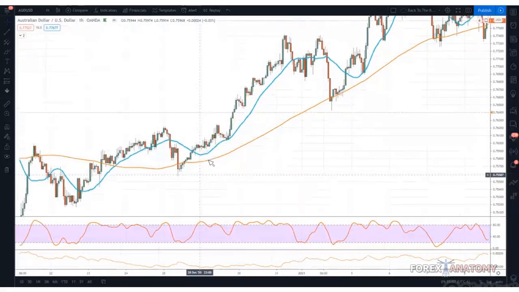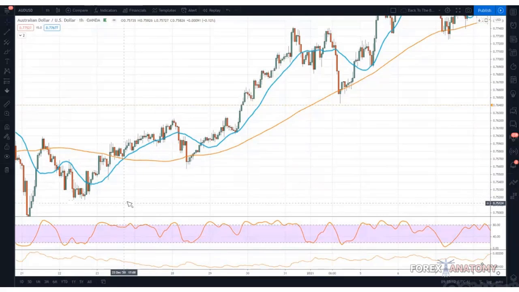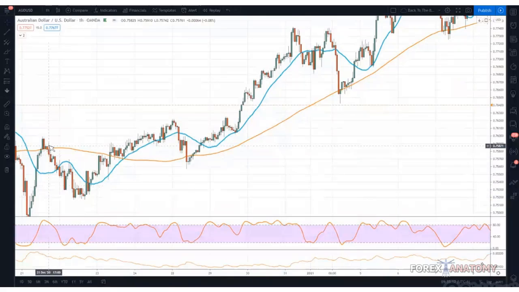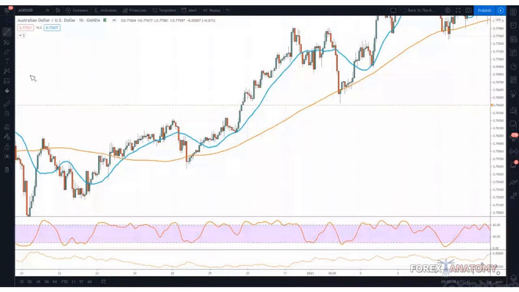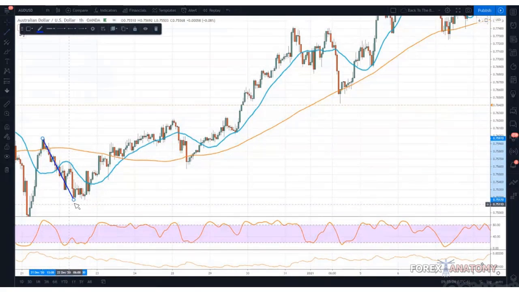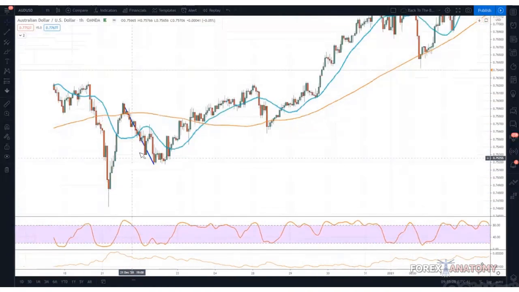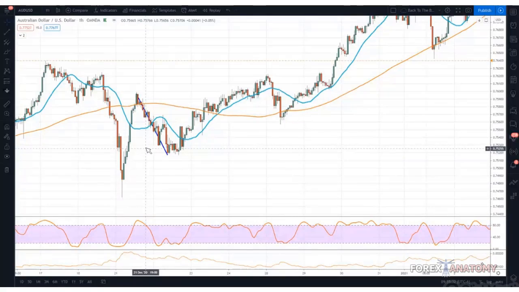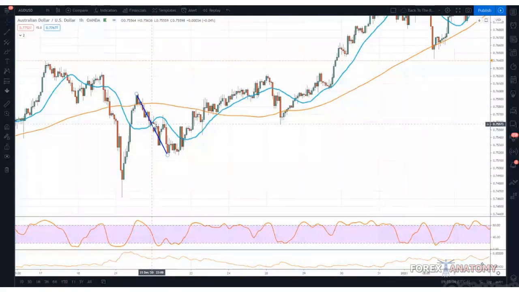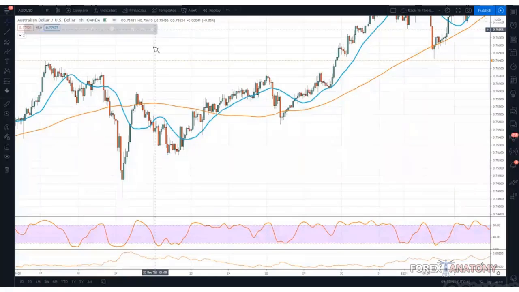So in this case right here, we can start. Let's just do this. We have this move down right here, but really we can start anywhere.